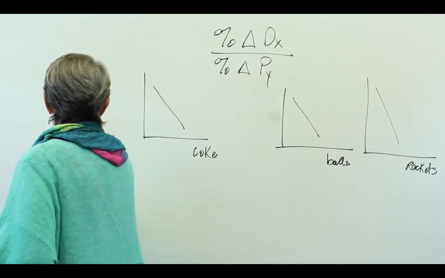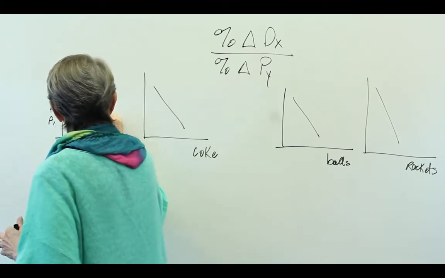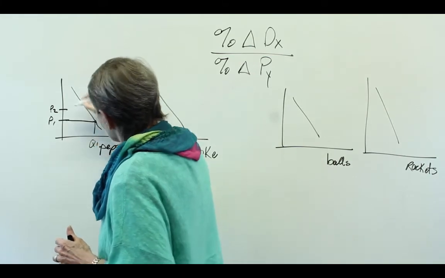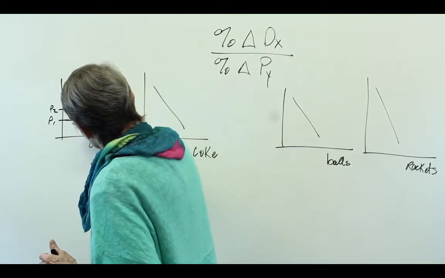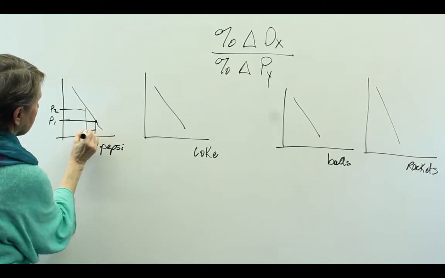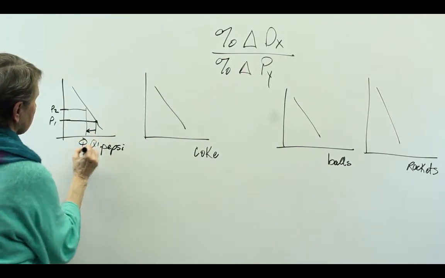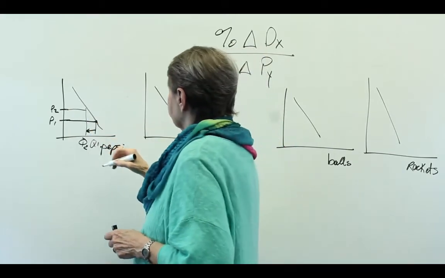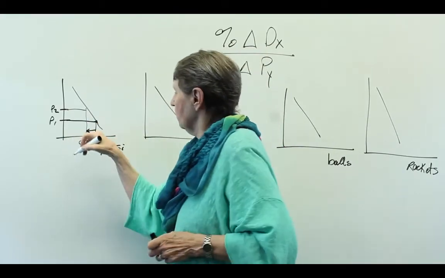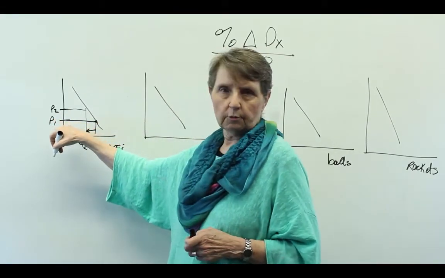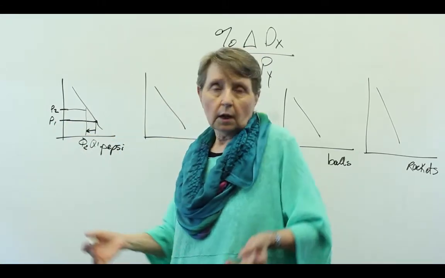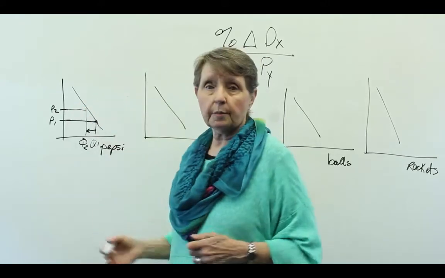Well, if the price of Pepsi goes up from P1 to P2, the quantity demanded of Pepsi decreases from Q1 to Q2. Now, all of these people who used to buy Pepsi when it was P1, they just give up soda pop. I'm not having soda pop anymore because the price of Pepsi went up.